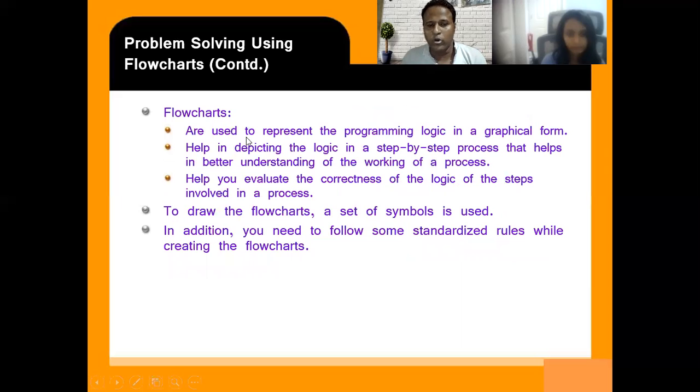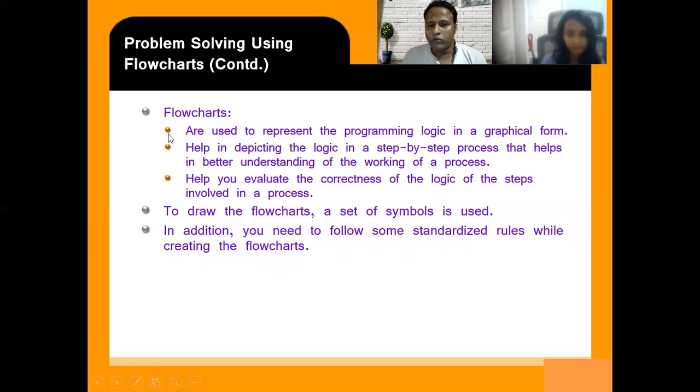Next is flowchart. Flowcharts are used to represent the logic in a graphical form. It helps in depicting the logic in a step-by-step process. Previously, in the algorithm, we represented our logic in steps or sentences. But here, we represent our logic in a graphical form.